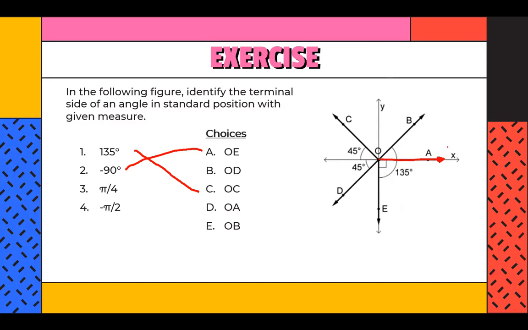So let us consider the angle measurements of our illustration here in radian measure. Didn't we say earlier that one complete rotation is 2 pi? Next, half of it is pi, correct? Kikindivide na lang siya by 2.